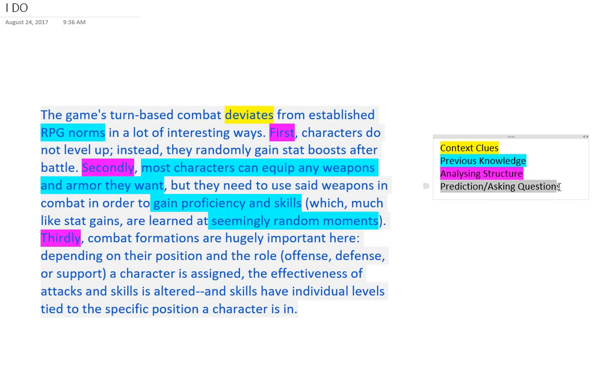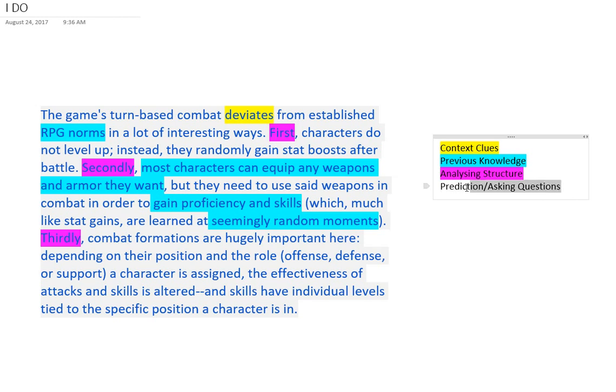Now, I do find myself going back to my previous knowledge of RPGs and thinking, again, that this sounds really unusual, that the place I stand as a character, from offense, defense, or support, has its own tree. And certainly some games have those trees for, like, say, a tank kind of character, that sort of thing. But to have it based on where I'm standing seems really unusual.